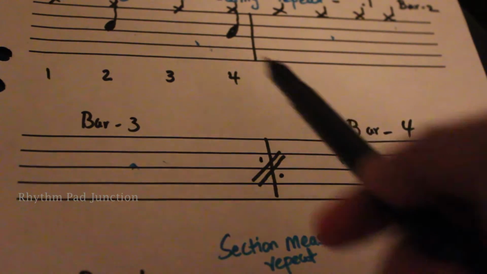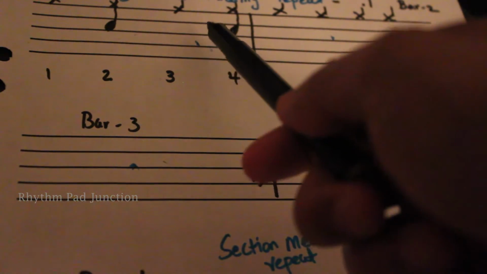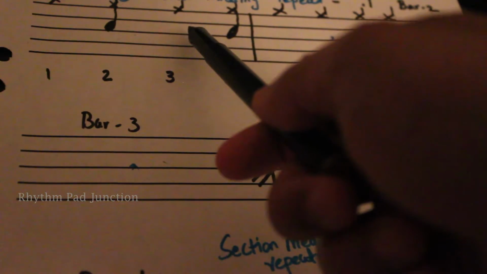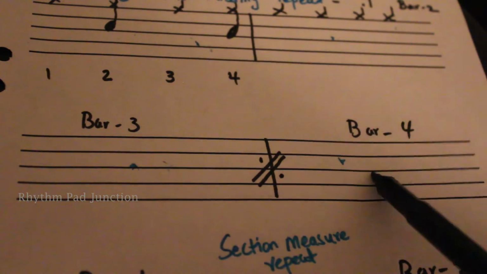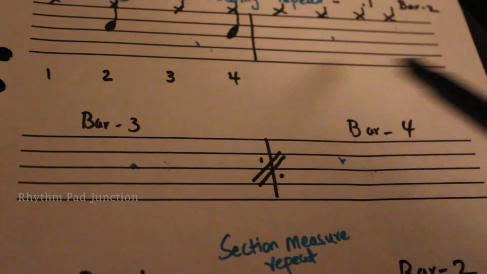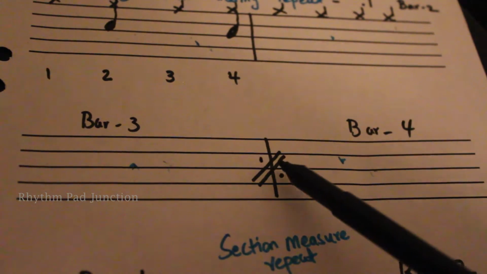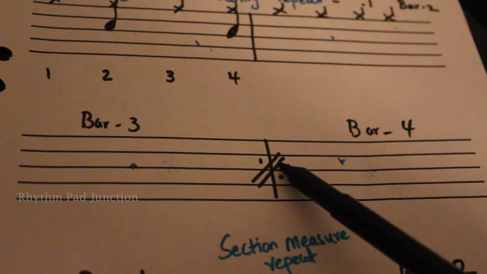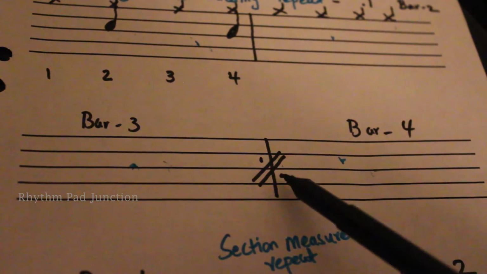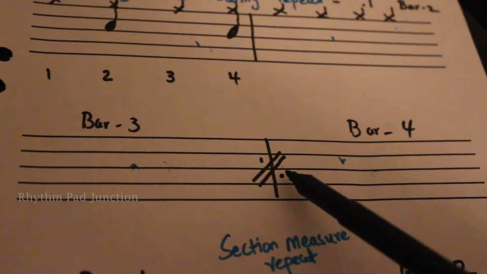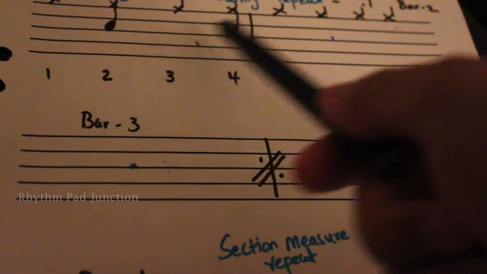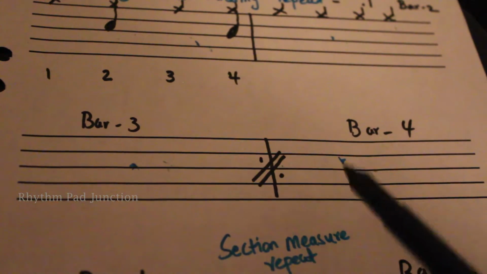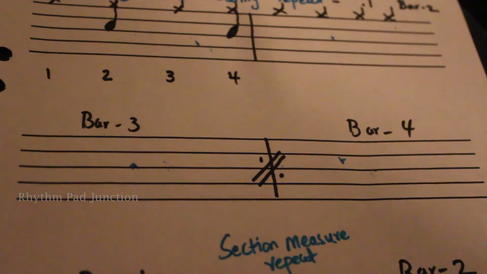So we are going to play this beat on bar 3 and this beat on bar 4. So why do we need to write it again? All we need to do is put this sign. This sign is the double measure repeat, which means we are just going to play the same thing on bar 3 and bar 4. So that's what double measure repeat means.